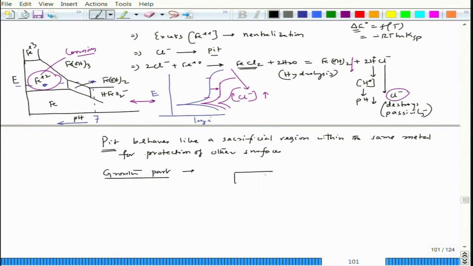If we have a metal cross section, and the pit happens here, the pit grows like this and then finally a leak happens, and then the growth stops. So, the pit grows till it reaches the other surface.